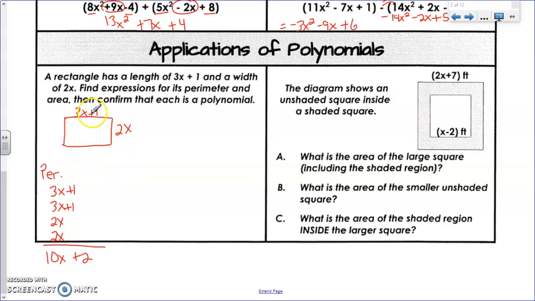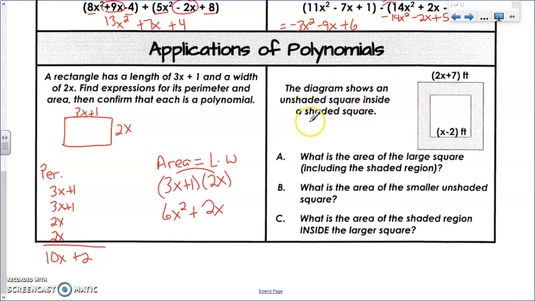Remember, this has the same side and that has the same side. Area, we're going to do length times width. So we get 3x plus 1 times 2x, distribute, you get 6x squared plus 2x. And this would be a quadratic binomial.